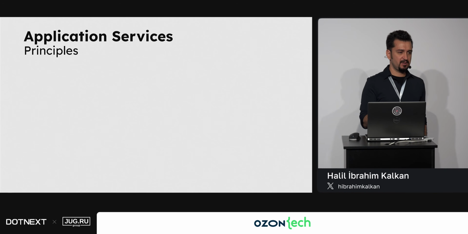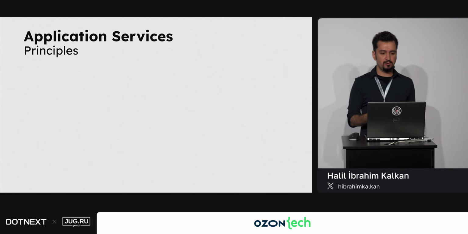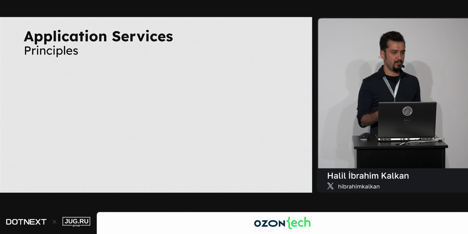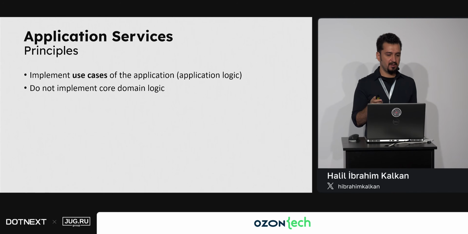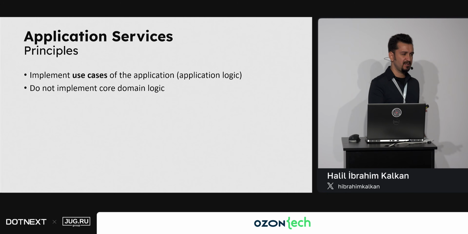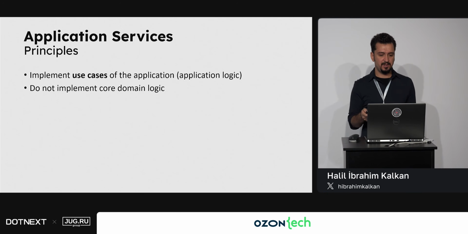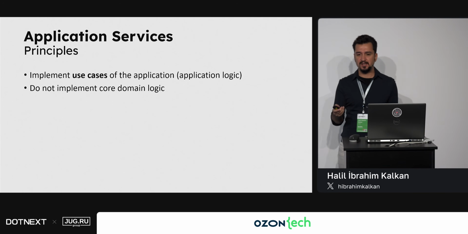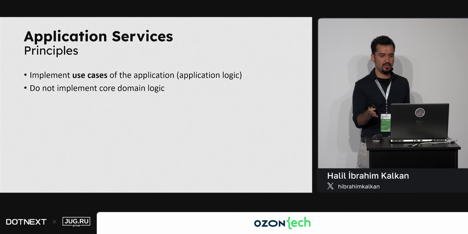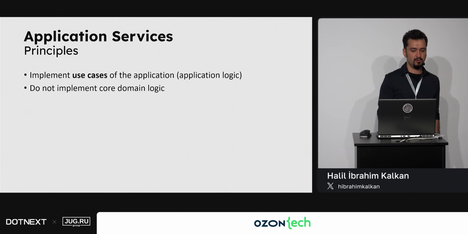Okay, domain services implement domain rules. Application services implement use cases of the application. The main principle here: don't get confused about what is domain logic and what is application logic. This is maybe the hardest part of domain-driven design, because you cannot decide if this logic should be in an application service or a domain service.